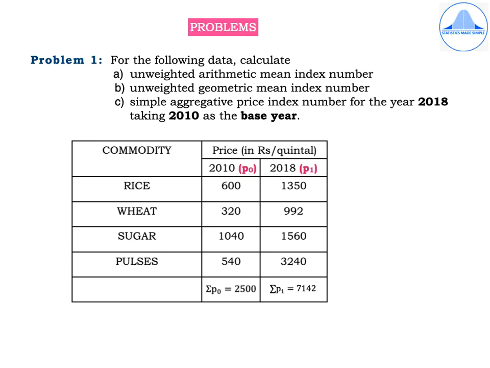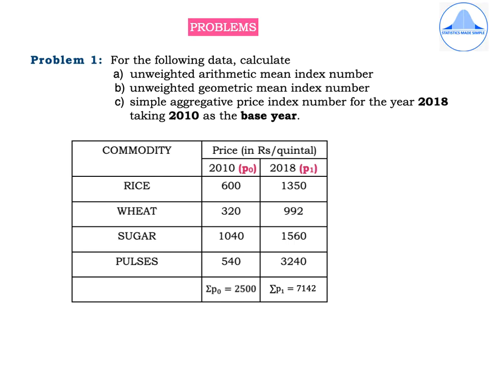And for 2018, the prices are 1350, 992, 1560 and 3240. Now these kinds of problems are usually asked as a 5-marker with 2 subdivisions, and they are important from the examination point of view.